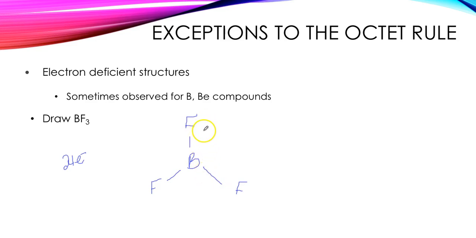That gives me 6, which means I still have 18. So it's easy enough to put 3 lone pairs around each fluorine. But if you look, boron ends up with only 6 electrons around its central atom, which is not ideal, but boron can do this. We see similar kinds of things with beryllium compounds.